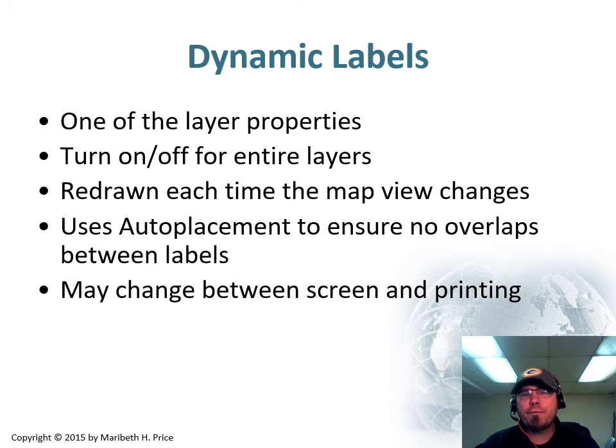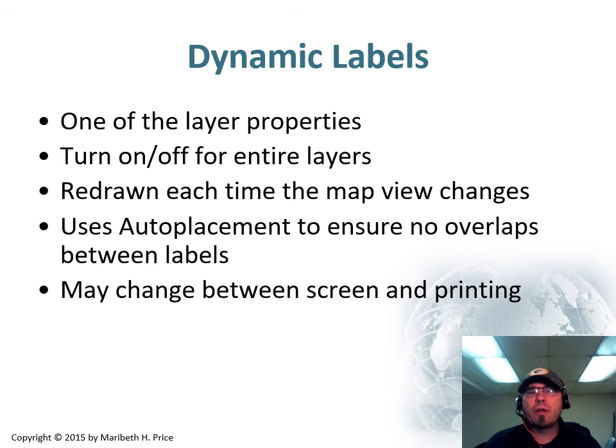You can turn labels on and off for layers. You can, however, when you use dynamic labels, when you allow the program to run them for you, they're redrawn each time the map view changes. It uses auto placement, and sometimes what can happen is it can change between what you see on the screen and if you print the map out yourself.